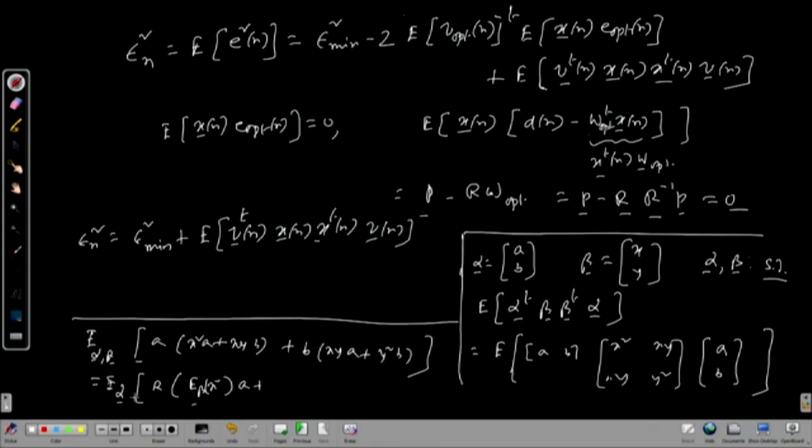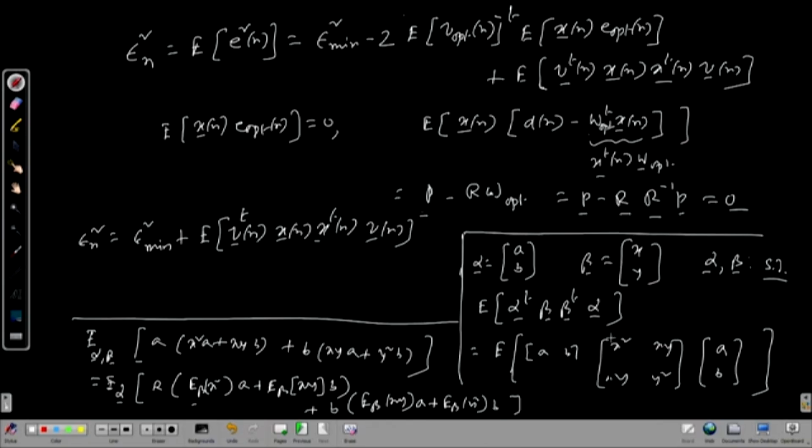E alpha beta is E alpha E beta. So the one with respect to beta I directly apply here: E beta x square A, again E beta x y B, and similarly B E beta x y A plus E beta y square B, all right. This is what I am doing.